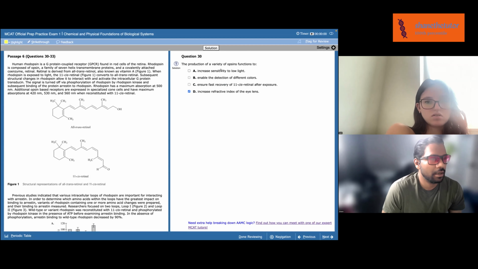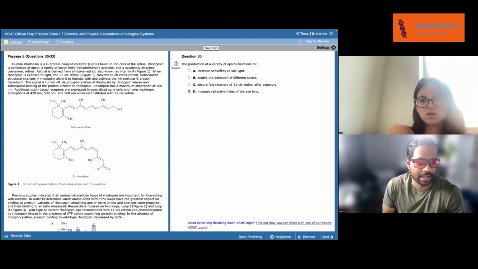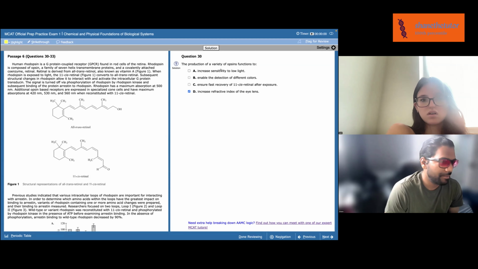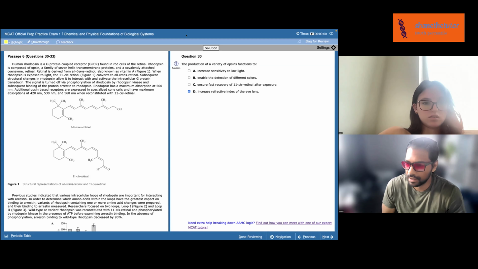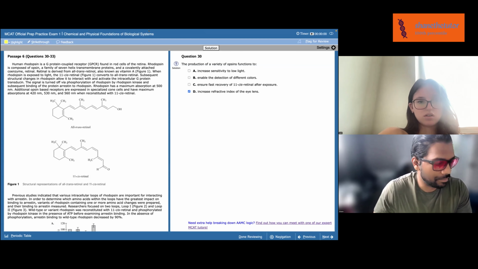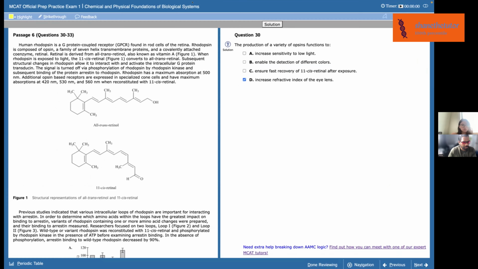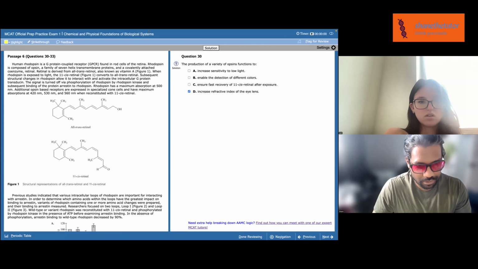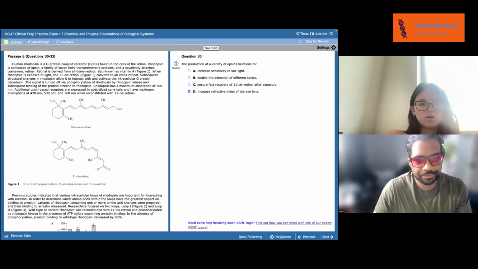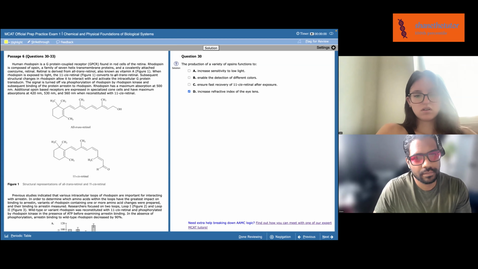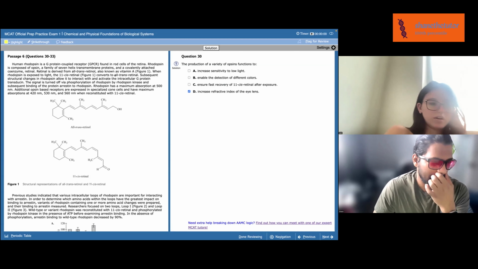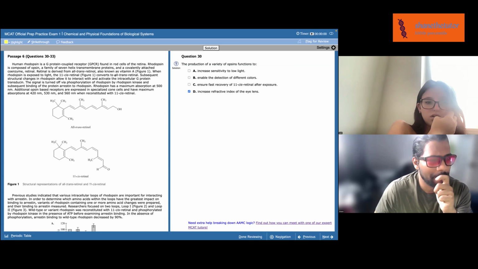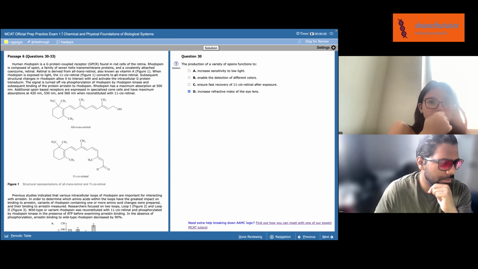So okay, human rhodopsin is a GPCR found in rod cells. Do you want to read it? We don't have to. So is this one you want to go over? Yeah, I got this one wrong. Do you think it's high yield, or did you get more than one wrong for this?